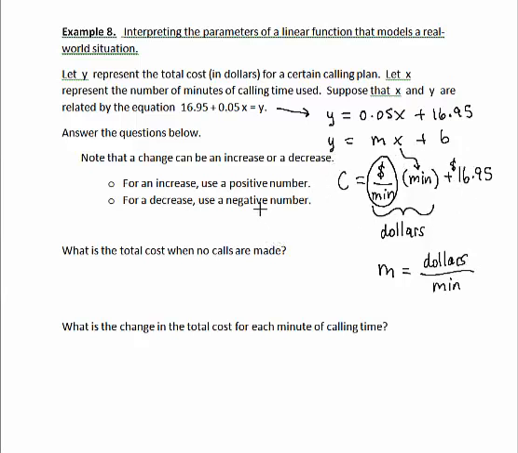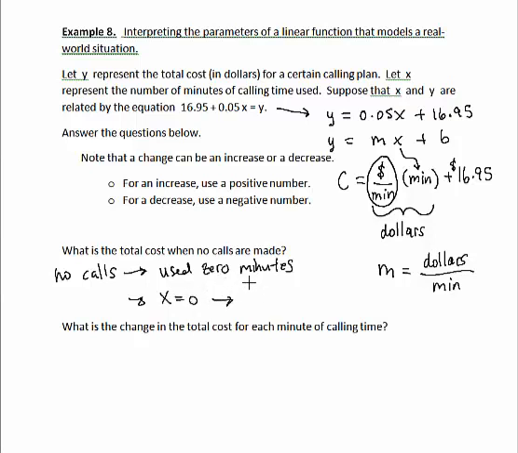So, alright, what is the total cost when no calls are made? Well, that's simple. If no calls are made, that simply indicates that we've used 0 minutes, which means that x equals 0. Okay.